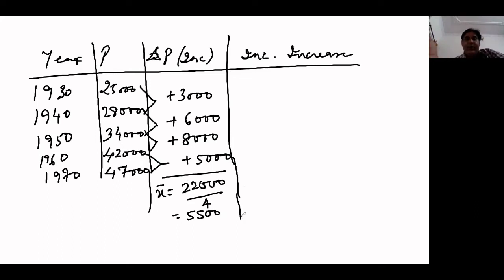We had calculated the X bar in the arithmetic increase method. Now in this incremental increase method, we would calculate the incremental increase, the increase over the increase. Now this is what? It has increased. The difference between the two subsequent increases was plus 3,000.